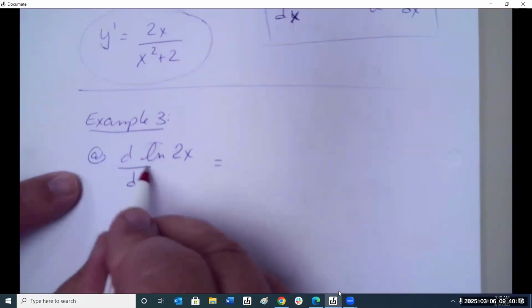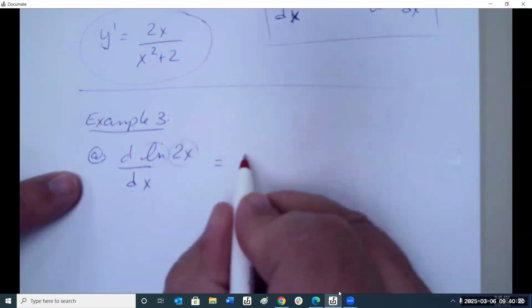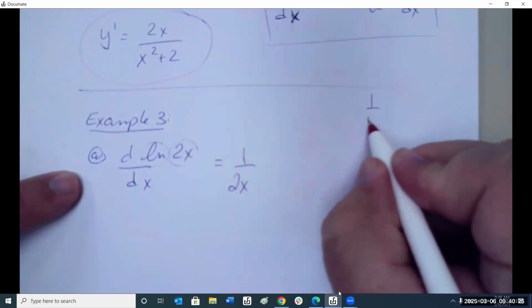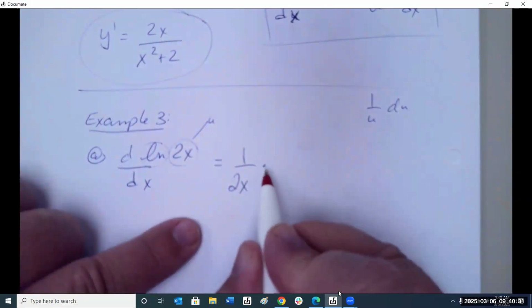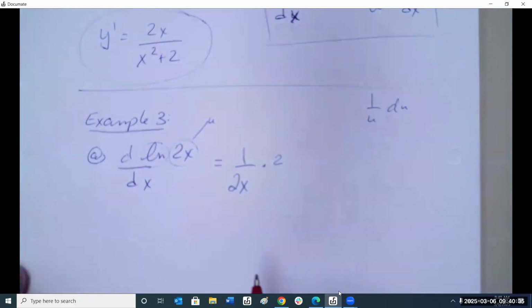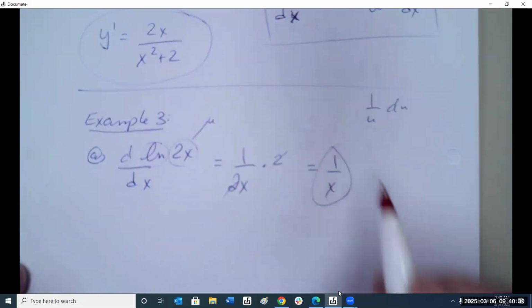So the derivative of ln is what? 1 over, so this is the x, so it's 1 over 2x. And it's 1 over u du. So this is my u. Times the derivative of u is 2. The 2's cancel, so it's 1 over x.